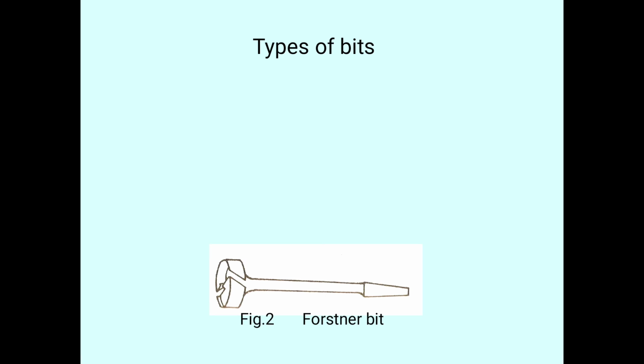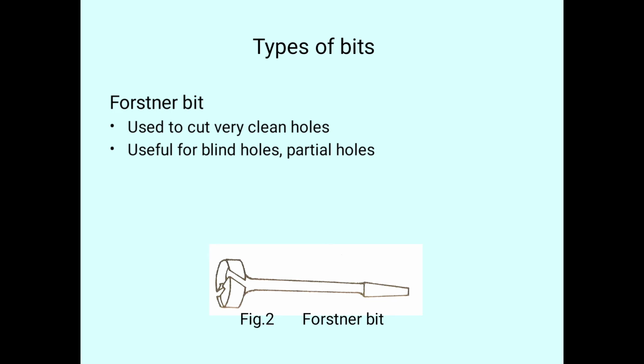Next one is the Forstner bit. Look at the figure here. This is the diagram of a Forstner bit. This bit is used to cut very clean holes. It is useful for blind holes and partial holes.